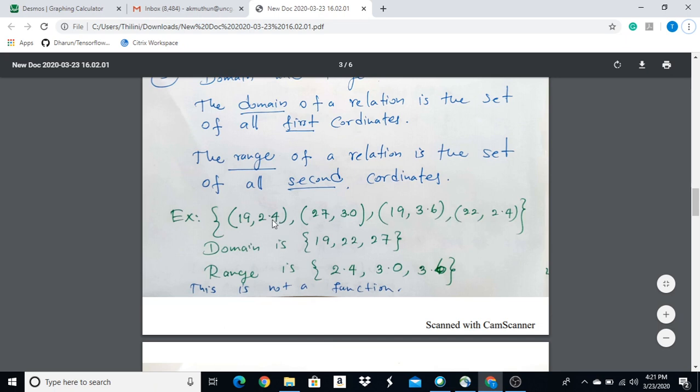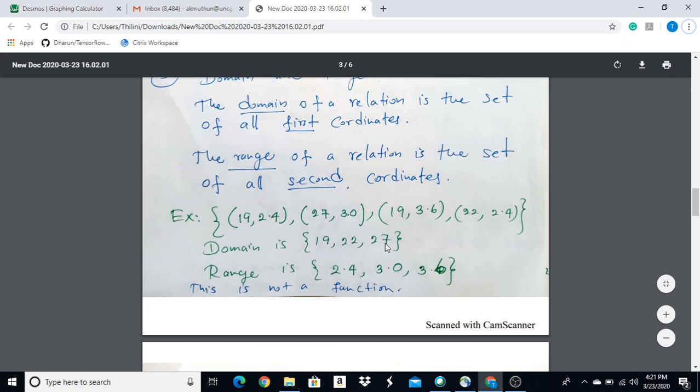In this relation, if you want to find the domain, it is just a collection of all these first coordinates: 19, 27, 19 and 22. So the domain contains 19, 27, 19, but we don't need to write it twice, so we write it only once: 19, 22 and 27, like that.